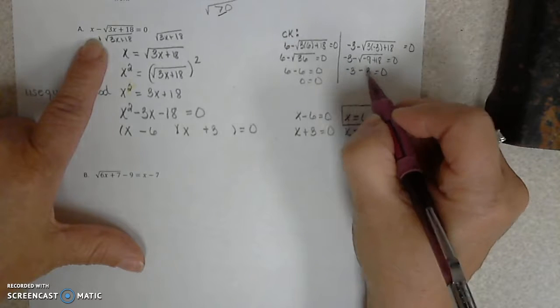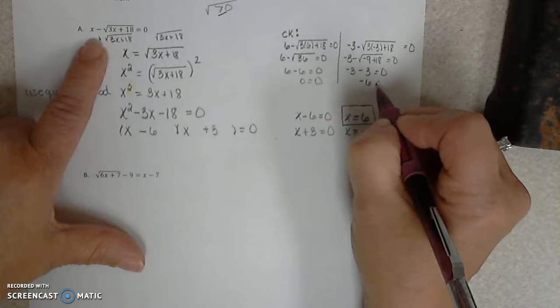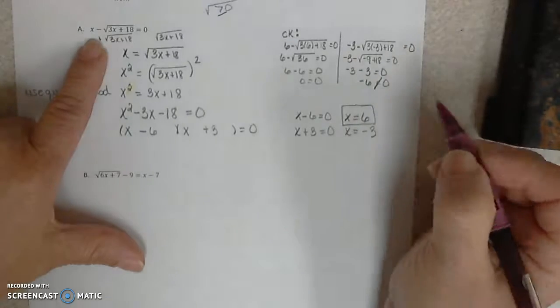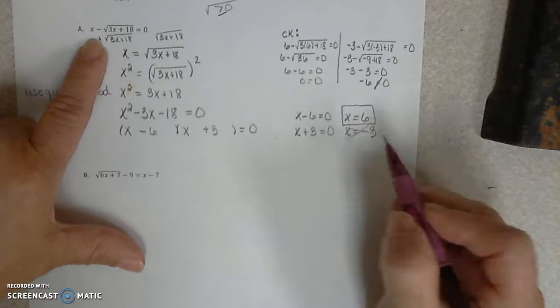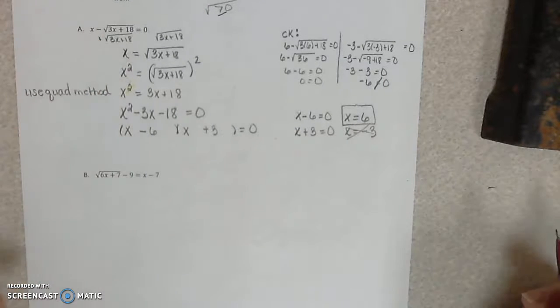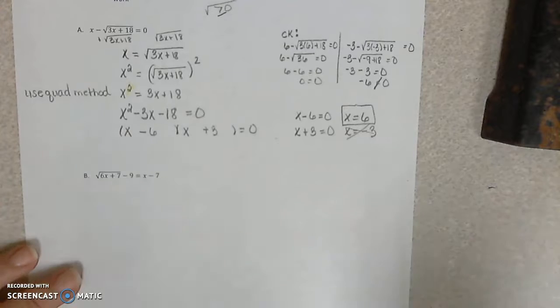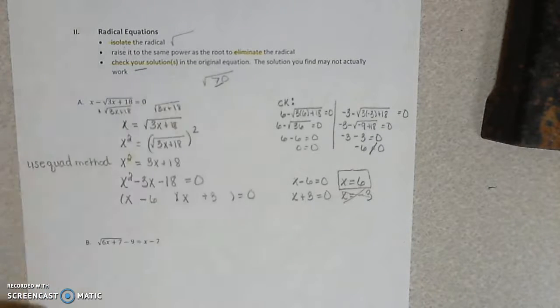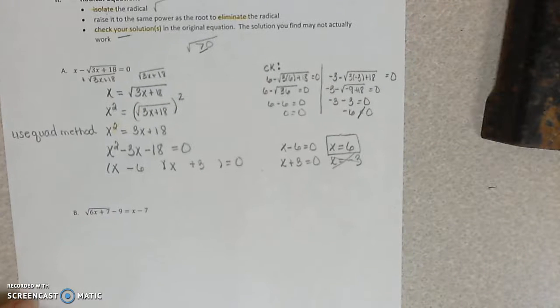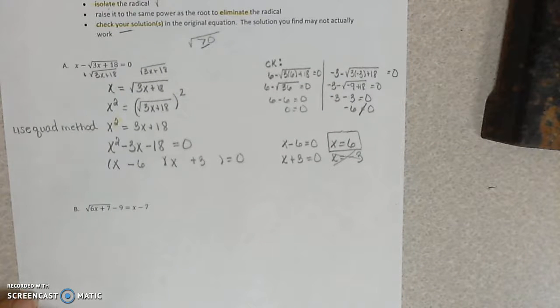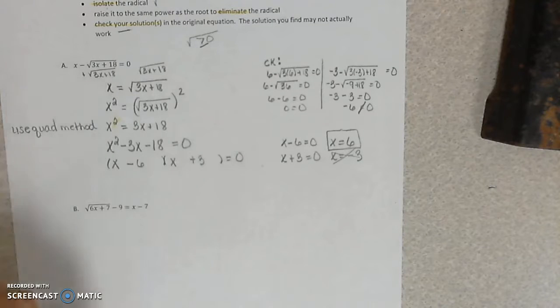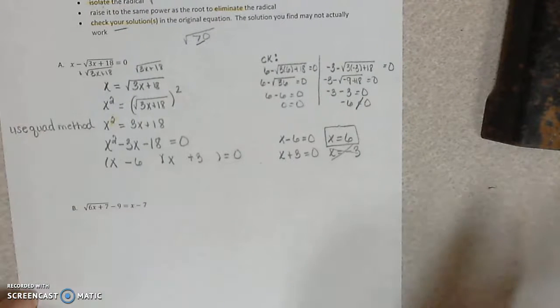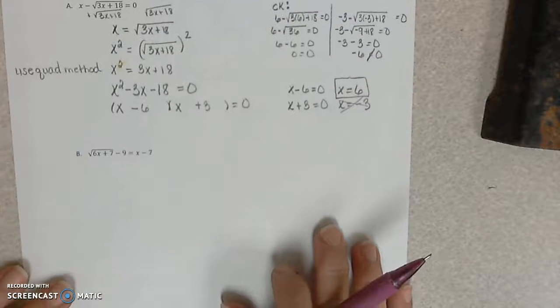But negative 3 minus 3 equals negative 6, not 0. So negative 3 is not a solution. That is why you have to check. Check both solutions in the original equation. One could work, none could work, or both of them could work. I just don't know. You gotta check it.